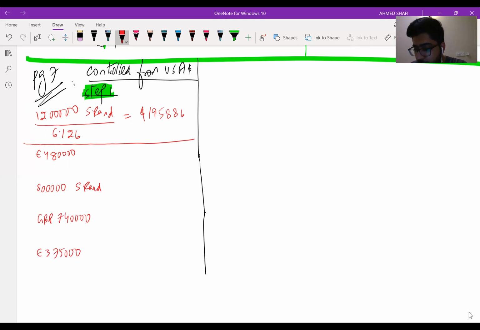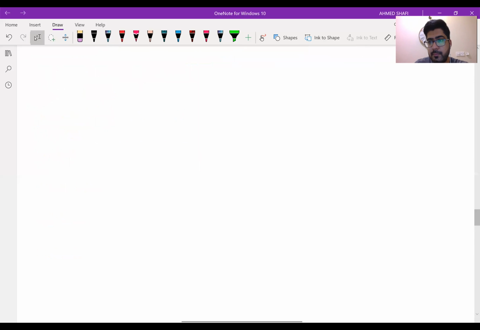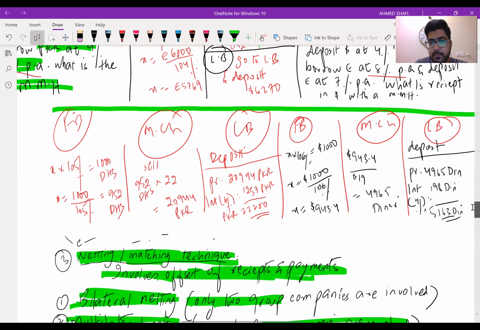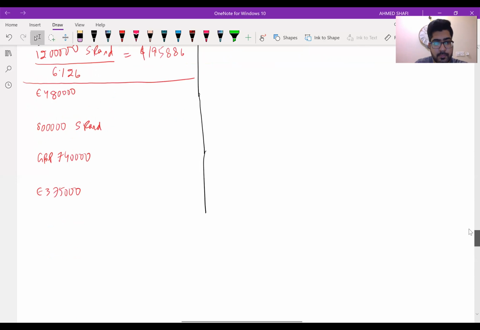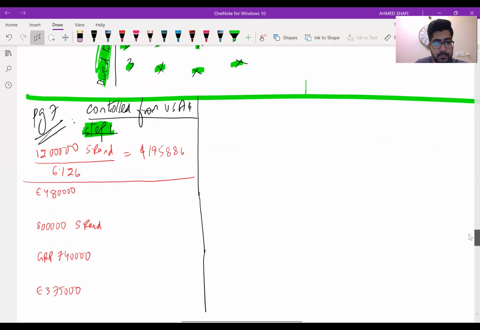The rate is euro per dollar, again dollars in denominator, indirect quote, so you need to divide. You will get the dollars. I will work that out later.